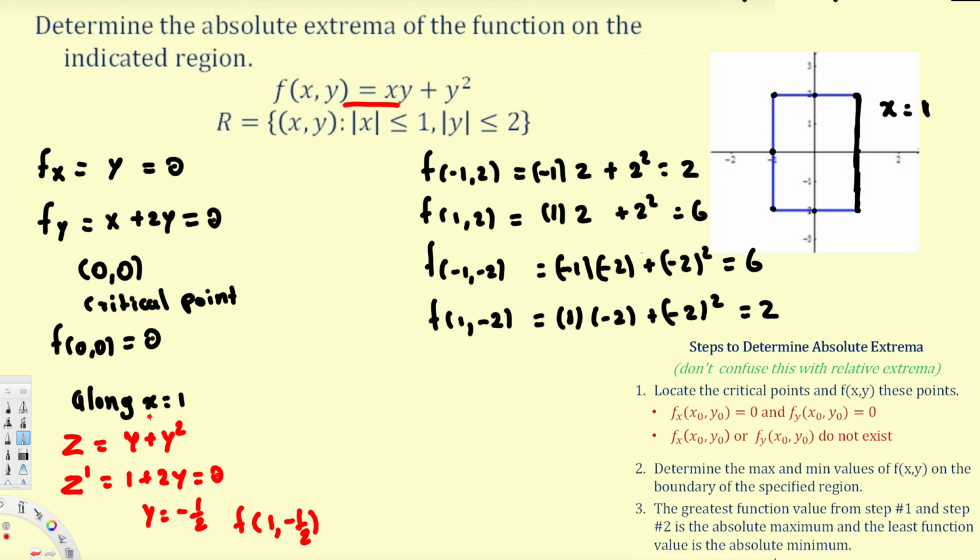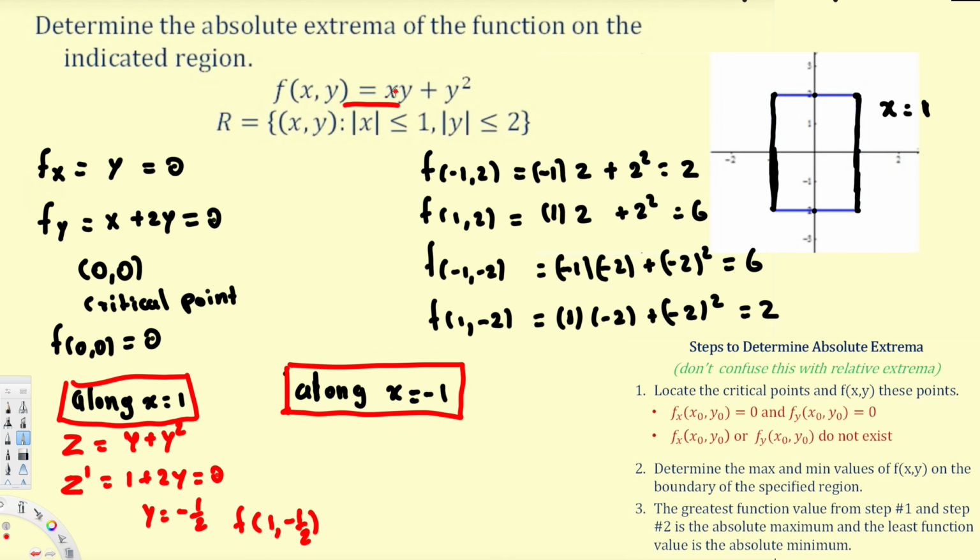Okay, now that was along x is equal to 1, and now let's go along x is equal to negative 1 and see what happens. Here we are going to plug negative 1 instead of x, so z is equal to negative y plus y square.